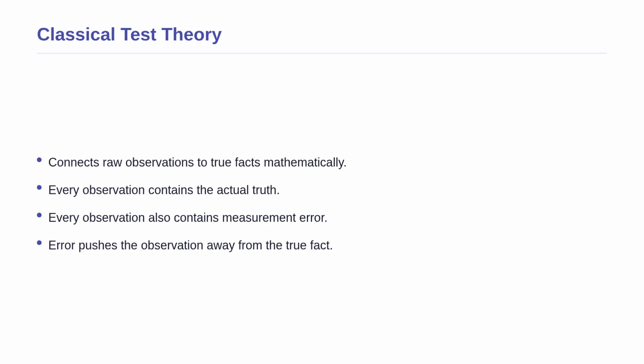Every single observation we make is a combination of two things. First, the actual truth, which is the fact we are trying to find. Second, some level of measurement error. Because our instruments and senses are never perfect, error is always present, and it pushes our raw observation further away from the true underlying fact.